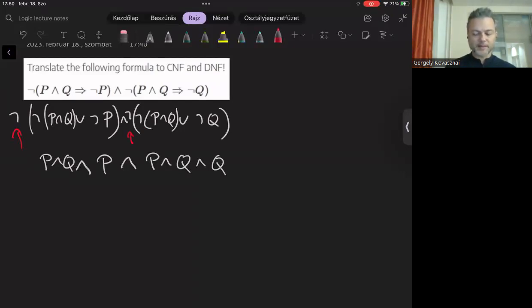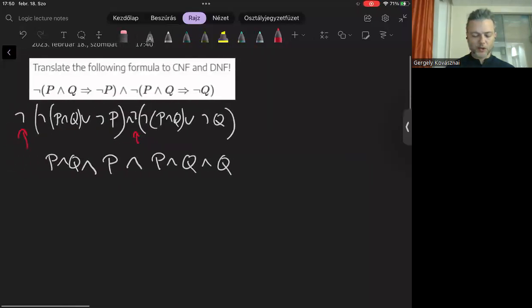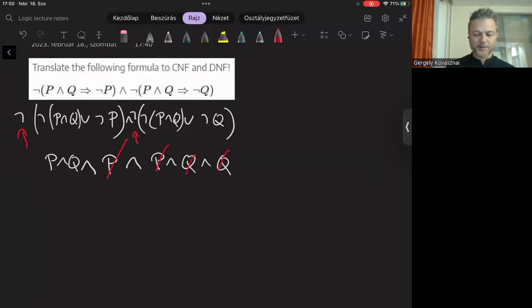Furthermore, of course, we can simplify further. Let's simplify whenever we can. So this is what we should do here. Of course, we can eliminate duplications like those. And what we get at the end is P and Q. This cannot be simplified further, and the question arises, is it in CNF or DNF?